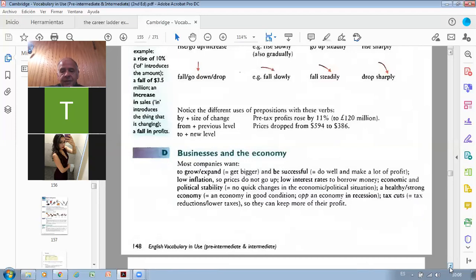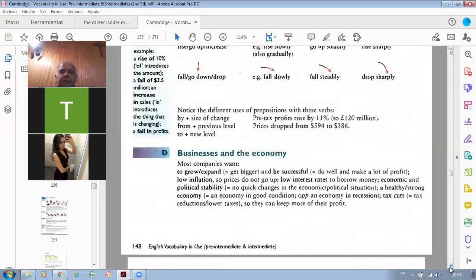An economy in good condition. Opposite, an economy in recession. Tax cuts. Tax reductions or lower taxes. So they can keep more of their profit. Okay, so in here you have lots of economic terms.